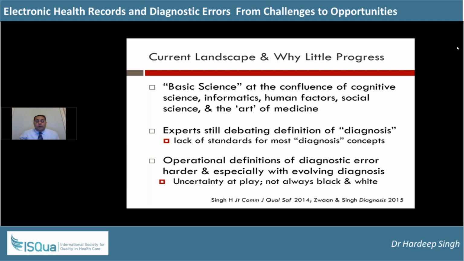We're also debating what is diagnosis. We often change definitions of diagnosis. We've changed definitions of diagnosis of diabetes, hypertension, sepsis over the last few years. And there's not a good standard for most of these diagnosis-related concepts. And the operational definition of what we call the error of diagnosis is even harder.